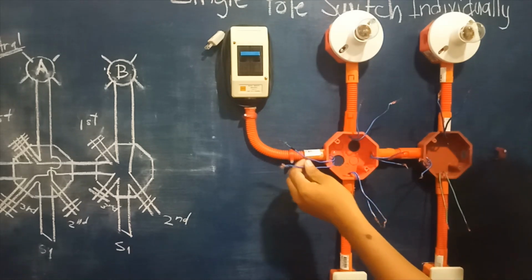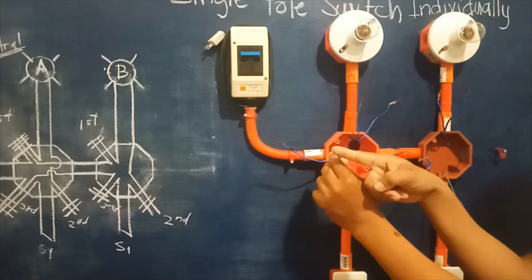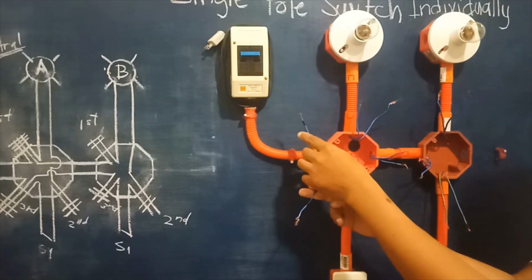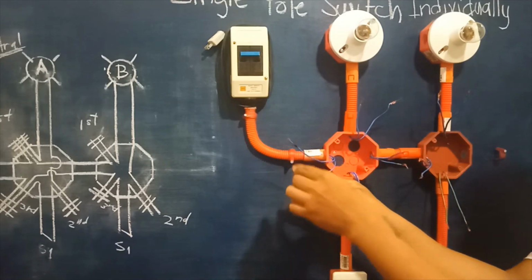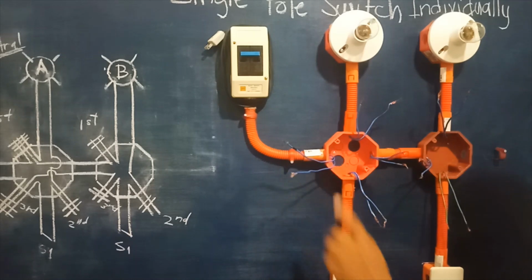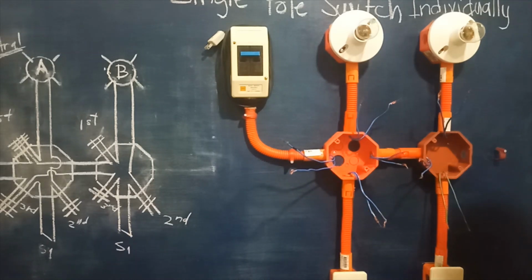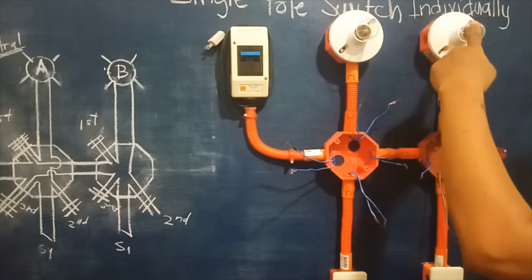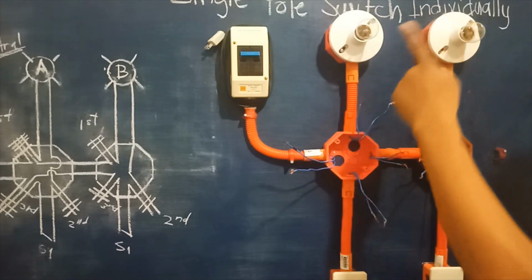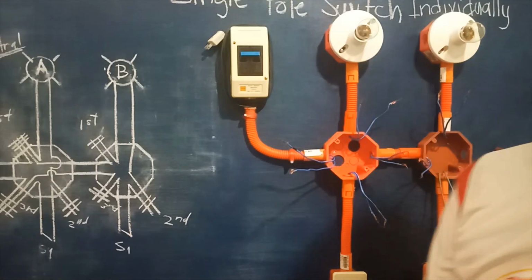So this one is the neutral line, meaning this is the line 1. The live wire is our line 2. Okay, so neutral line. So we will of course find first the neutral line coming from our loads, which is the bulb.